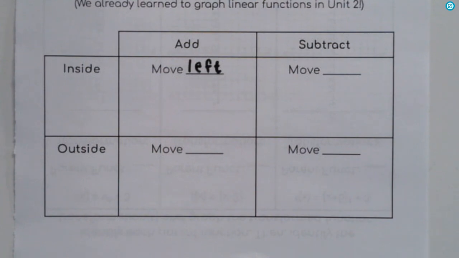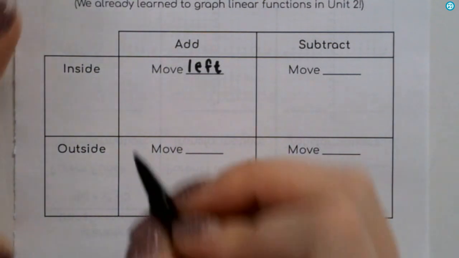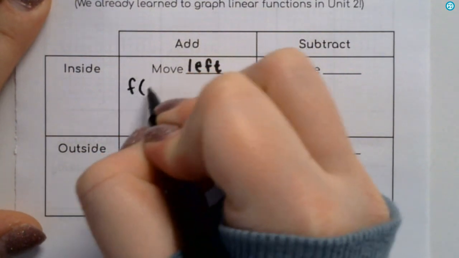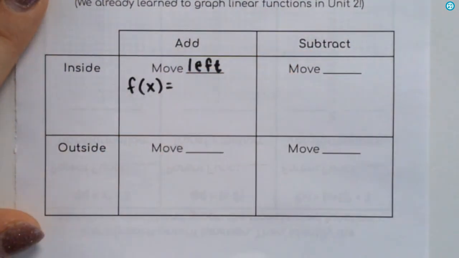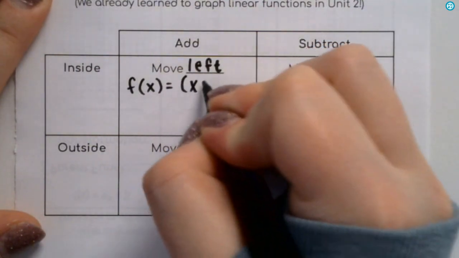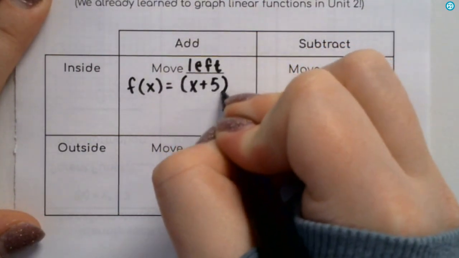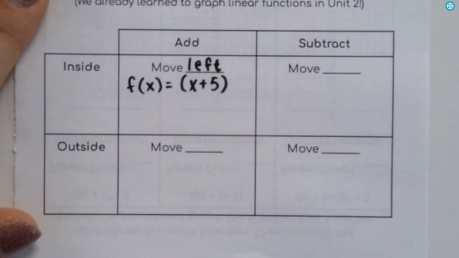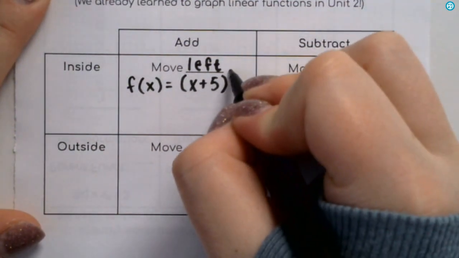An example of what that's going to look like is this. F of x equals, in parentheses, put down x plus 5. We're just using 5 as an example. Close your parentheses, and then put your square after.